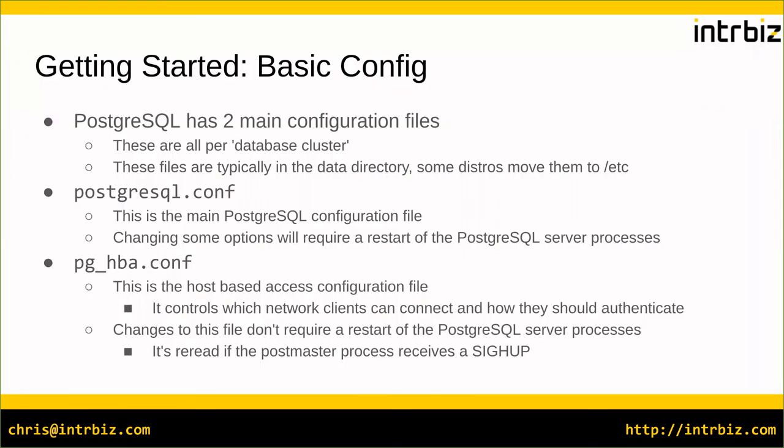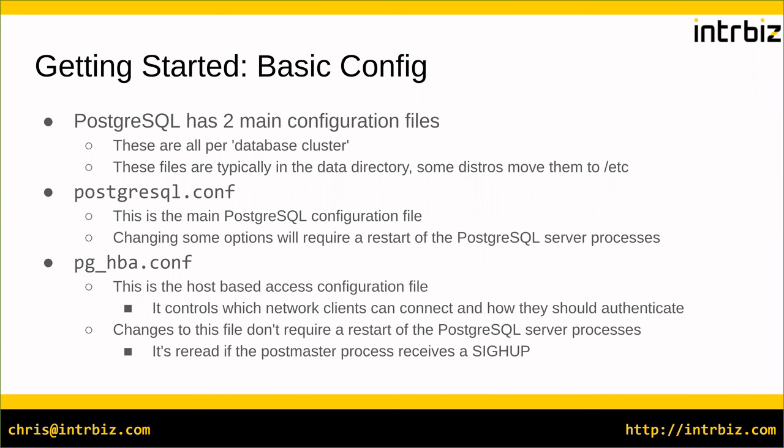So now we've done the very basics of connecting to Postgres. Let's talk a little bit about the Postgres configuration. So Postgres has two main configuration files. We've got postgresql.conf and pg_hba.conf. And these are per database cluster, so they're per instance of the Postgres server you have.